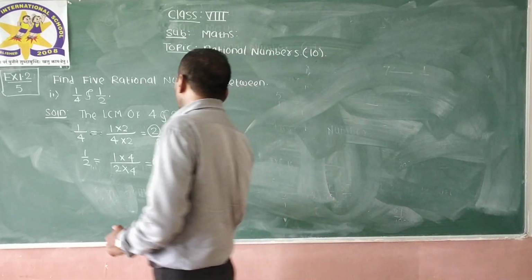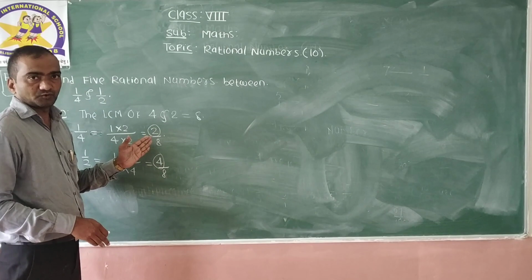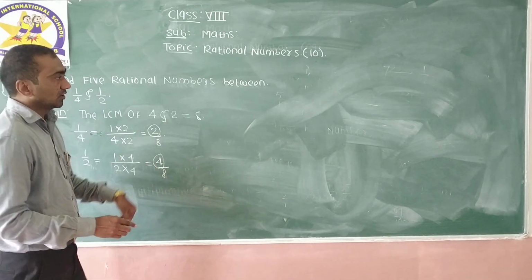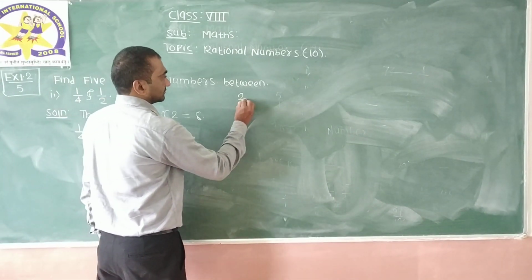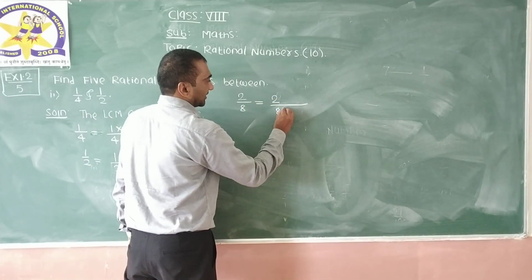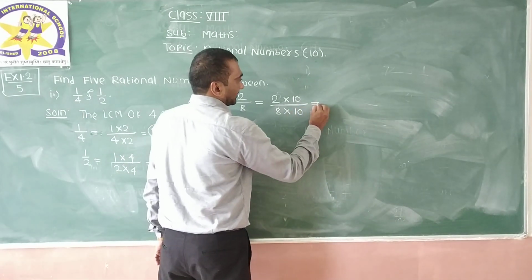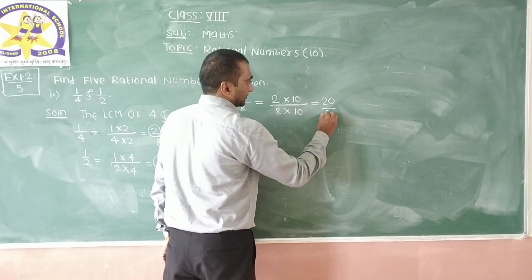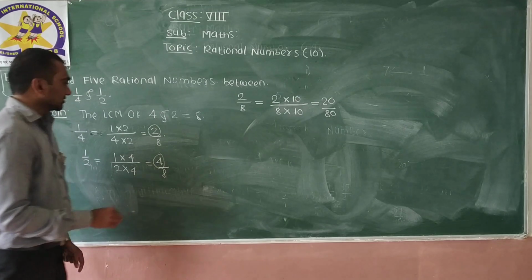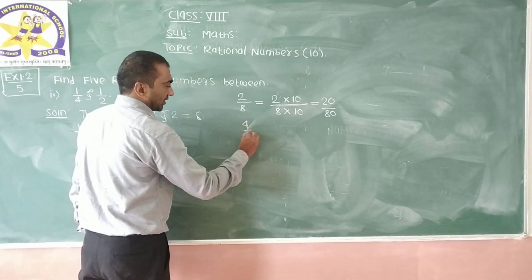Now to convert their denominator equal to 80, we have to multiply by 10 both rational numbers. So 2 by 8 equals 2 divided by 8, multiply by 10 in the numerator and denominator, it will be 20 by 80. The second rational number is 4 by 8.